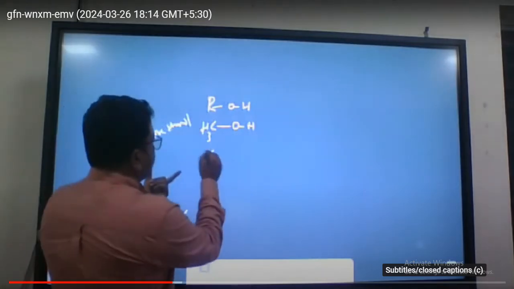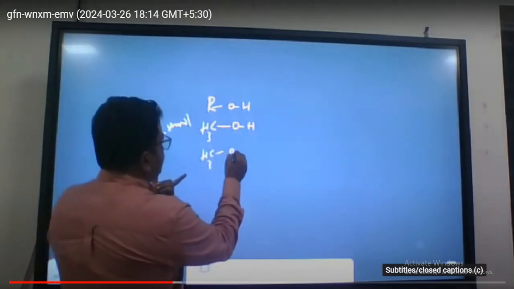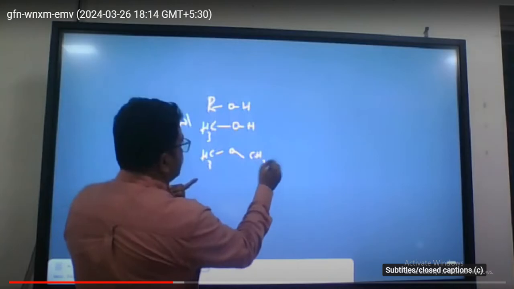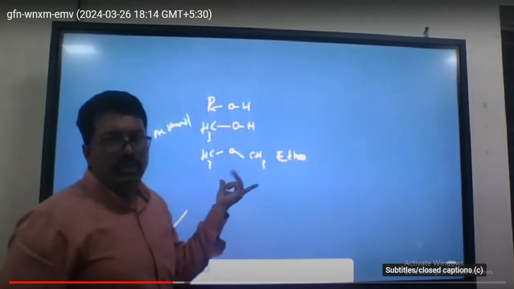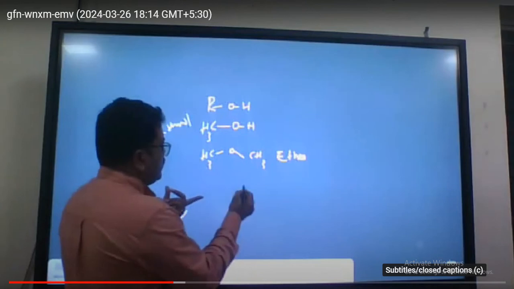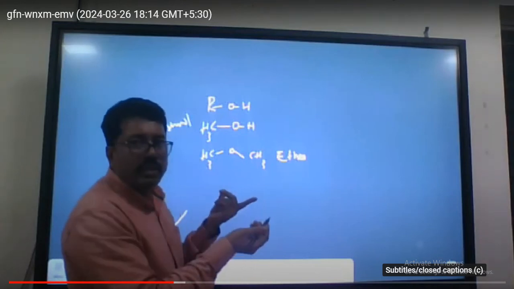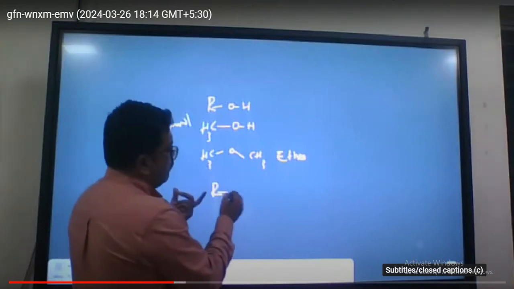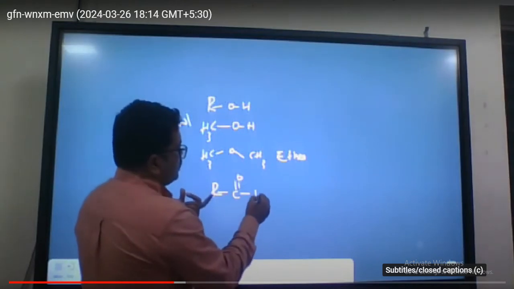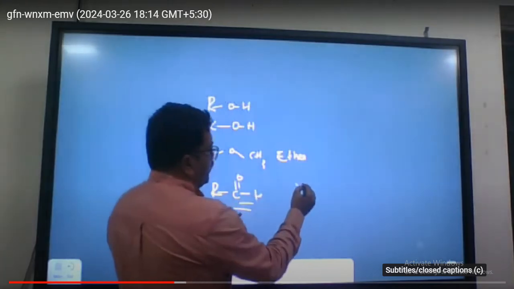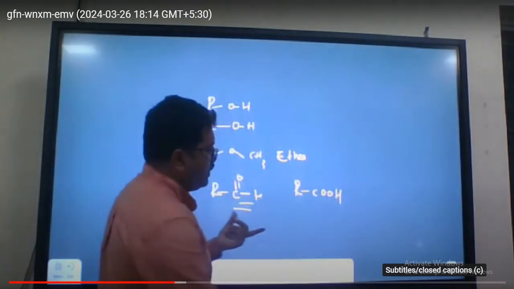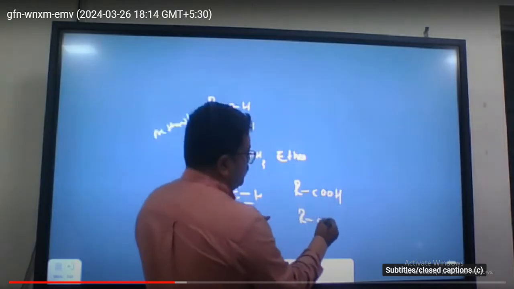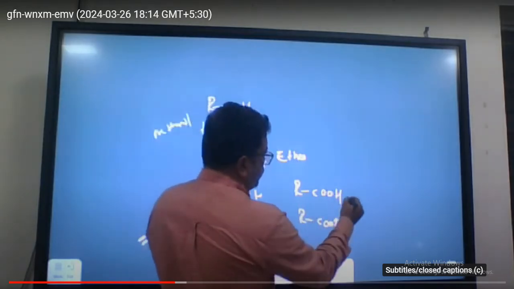What is this? Ether. Okay. After ether, you can take many examples. Aldehyde. So this is the aldehyde functional group. Next, you take carboxylic acid. Next, you take ester.